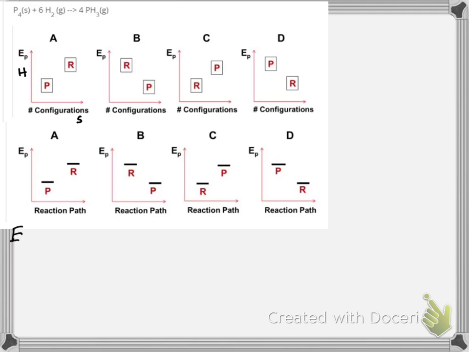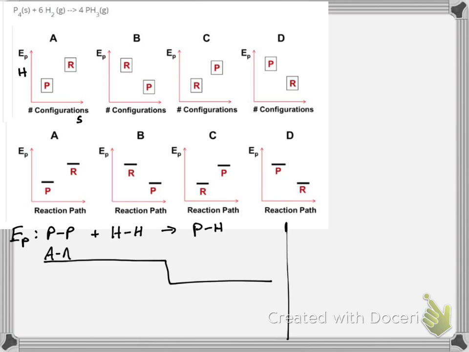answers. All right, so from the potential energy standpoint, we have a phosphorus-phosphorus bond plus a hydrogen-hydrogen bond going to phosphorus-hydrogen bonds. Okay, so based on this analysis, we'd have a high AABB. These are high potential energy bonds going to stronger, polar, shorter AB bonds.